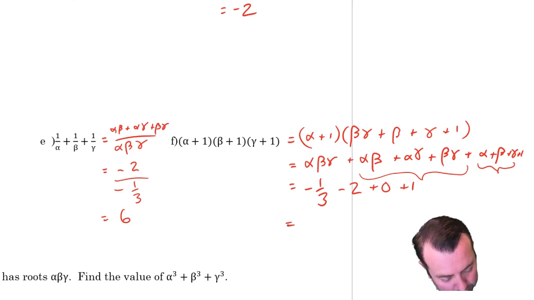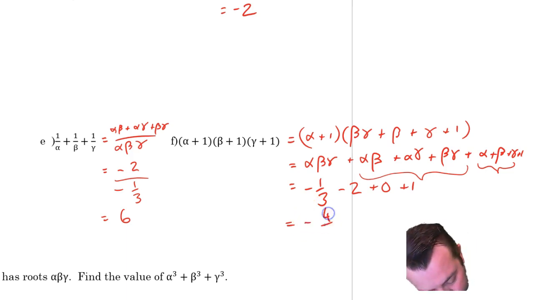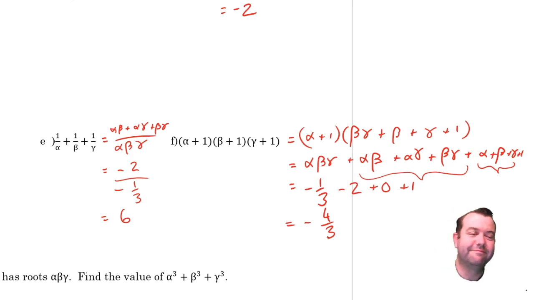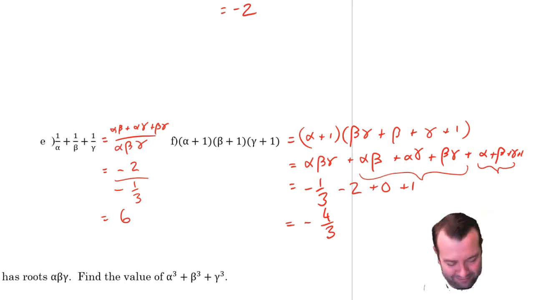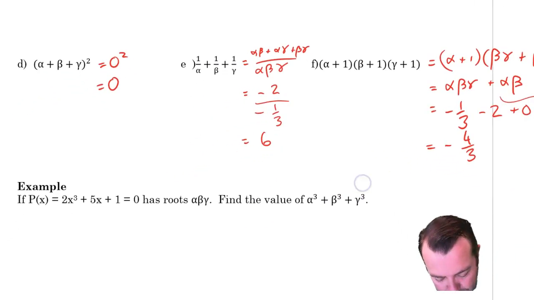Now, negative a third minus 2 plus 1 is the same as negative 1/3 minus 1, that's negative 4 over 3. Rightio? There we go. Some more examples here.